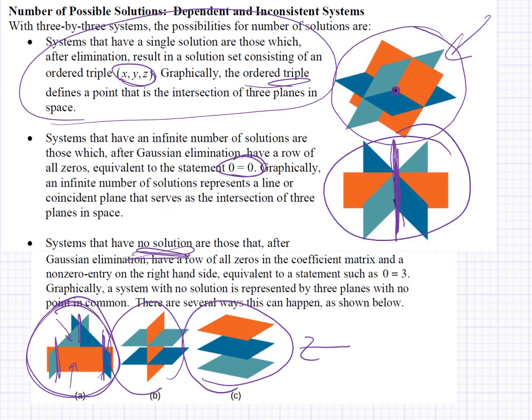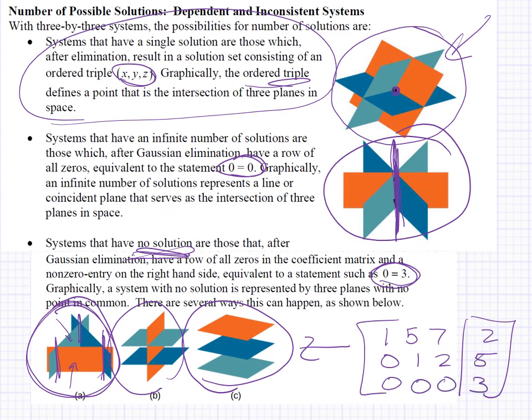And so what will happen is you'll get a statement somewhere in your reduced matrix that would be something like 0 equals 3. So if you're looking at your reduced matrix, you maybe get 1, 5, 7, 2, say 0, 1, 2, 5, and then 0, 0, 0, 3.